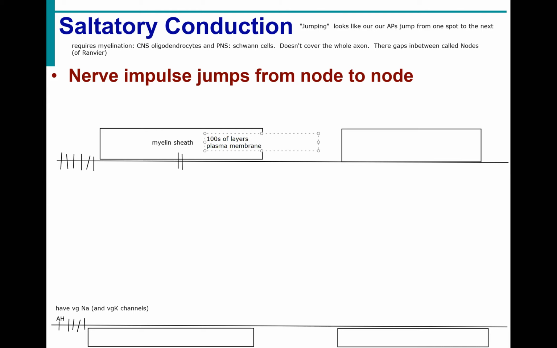And if you think about it, plasma membrane is a phospholipid bilayer. So basically, there's a massive amount of fat, hundreds and hundreds of layers of fat that are wrapped around the axon at this point. So there is absolutely no reason.